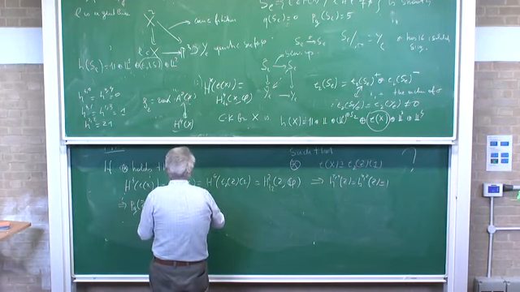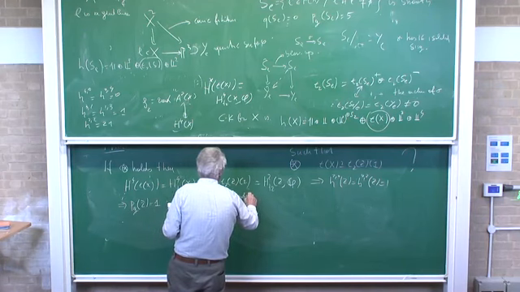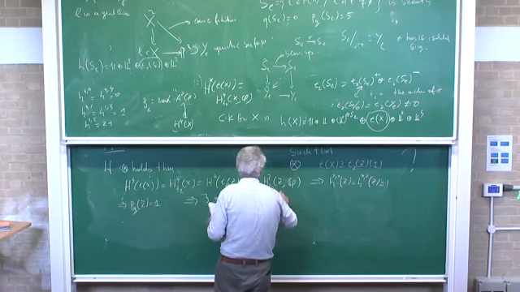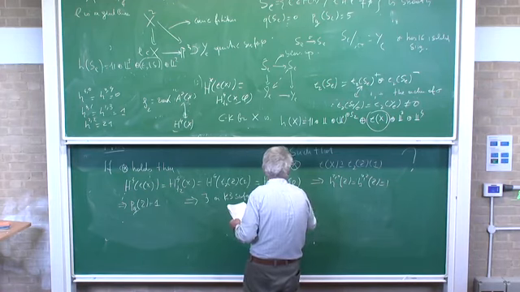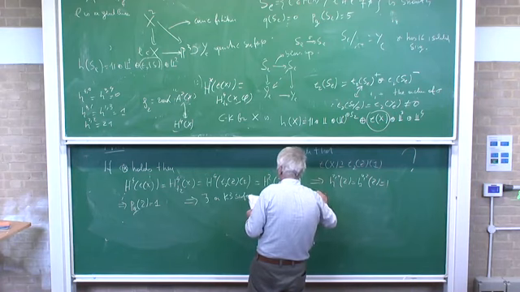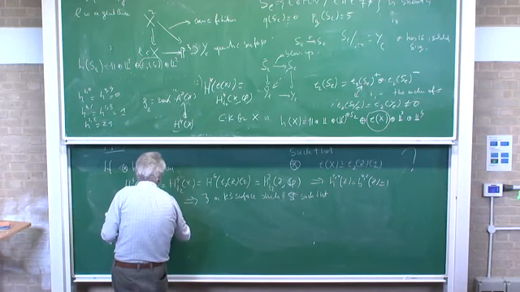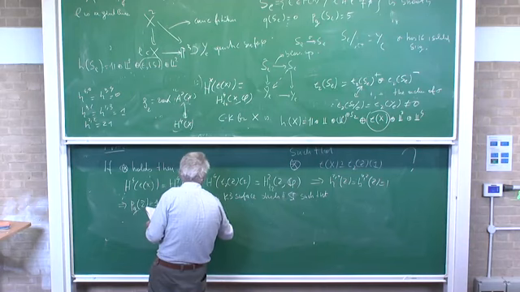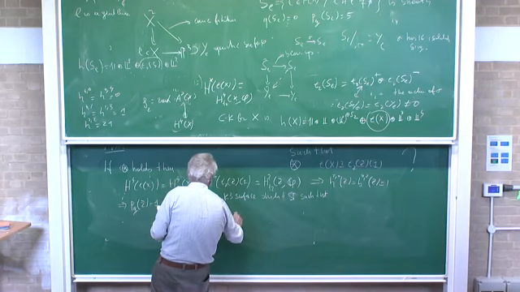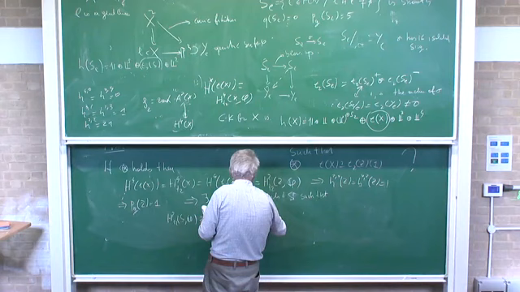This implies that there exists a K3 surface, let's call it S, such that H2 transcendental of S with Q coefficients is isomorphic to H2 transcendental of Z, and so this is equal to H4 transcendental of X with Q coefficients.